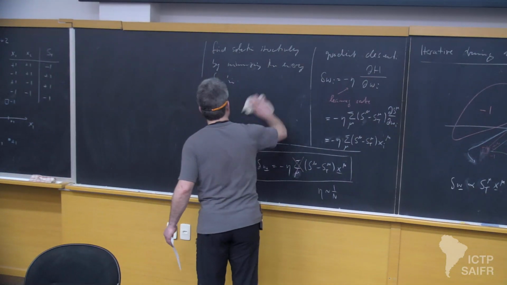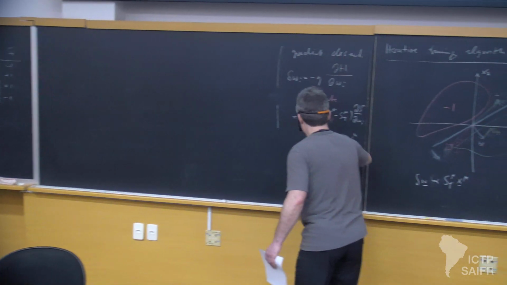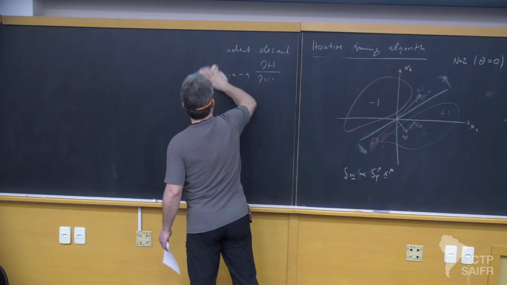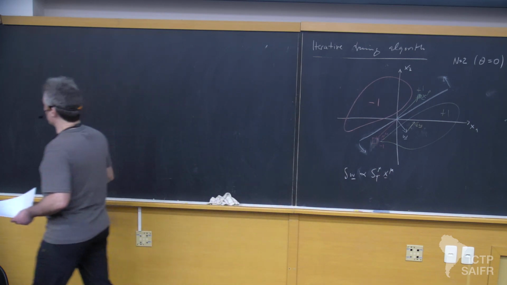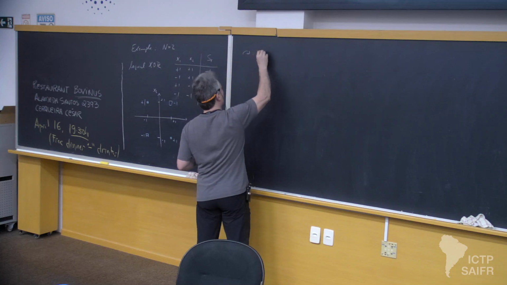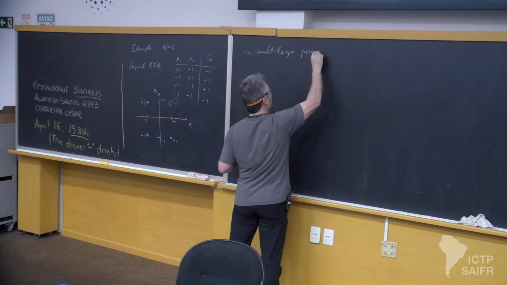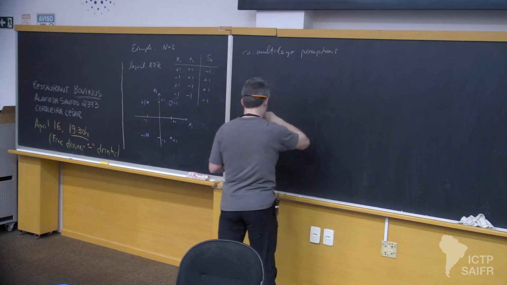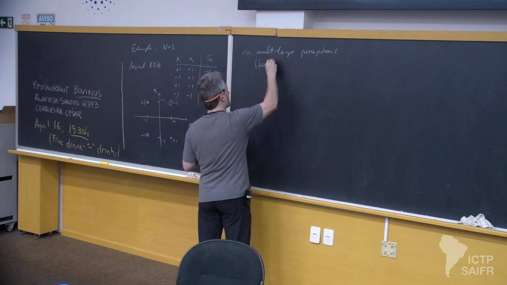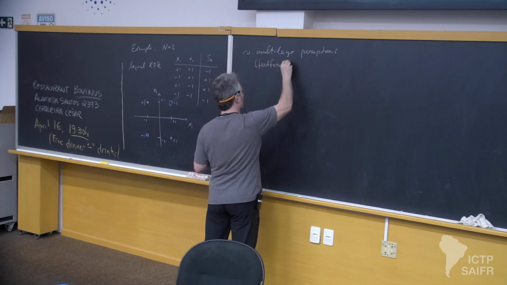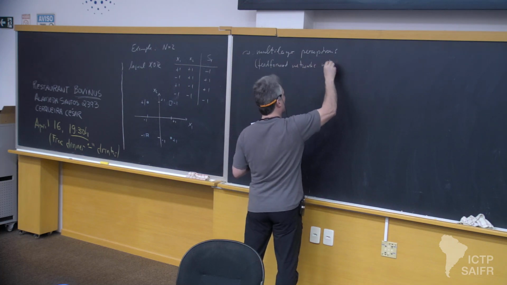So there is a need for more general, more powerful networks. And the first thing you can do is to go to multi-layer perceptrons, meaning feed-forward networks with hidden layers.